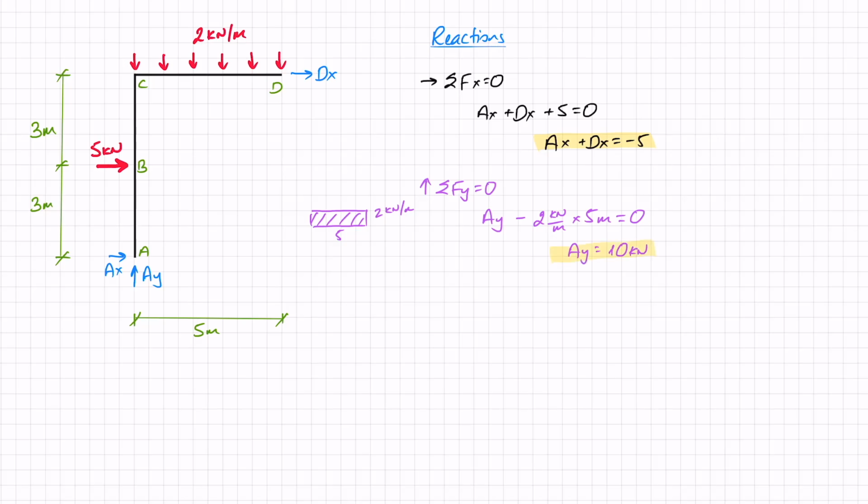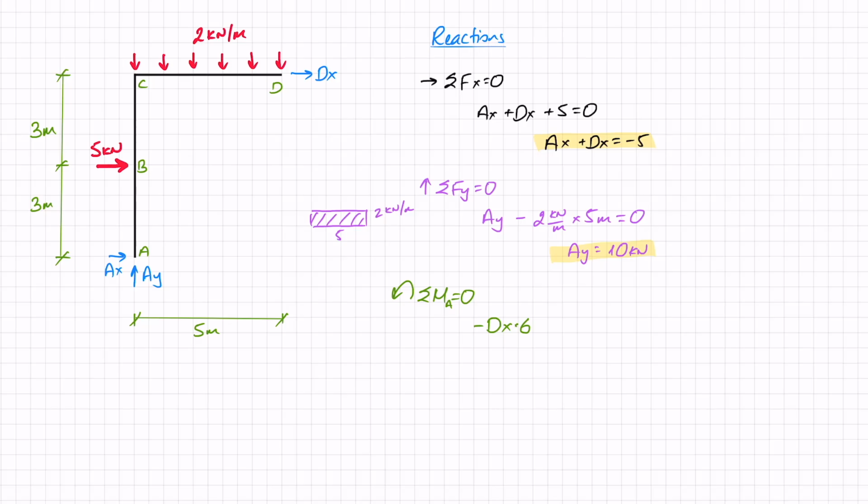And the last thing that I want to do is sum of moments. I am going to do sum of moments around A, and this is the positive direction according to my sign convention. Starting off at D, I've got the reaction force at D, contributing a negative moment, so minus DX. The force is in the x direction, so the perpendicular distance is going to be along y, and from D to A, the distance in y is 6 meters, so times 6.